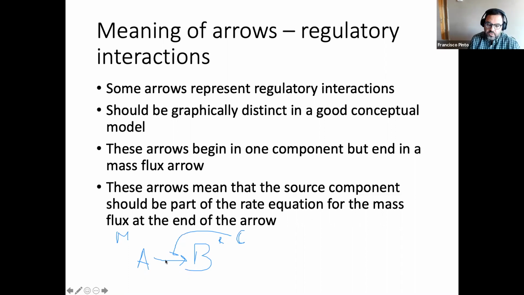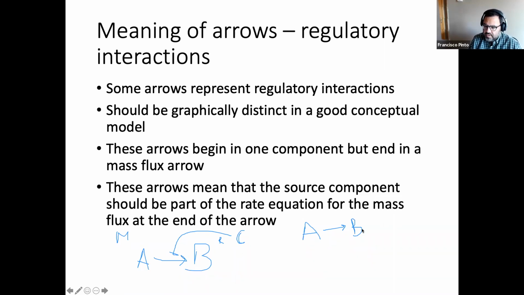It is helpful if, in the conceptual model, in that diagram, for example, the color or the type of lines are different between mass and regulatory interactions. And there is also another problem: sometimes you have this arrow, and what people meant when they drew this conceptual diagram is that A activates B. How do we translate this into the more precise diagram that allows us to build the system of differential equations?